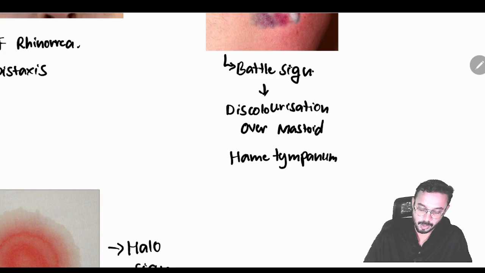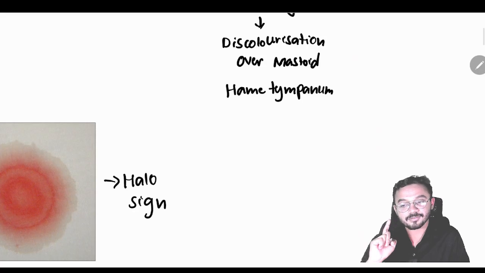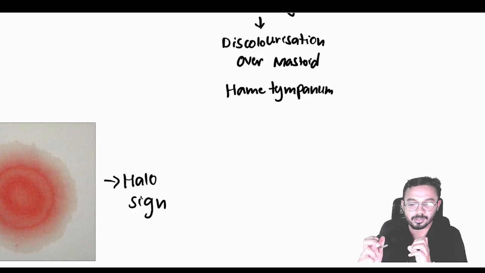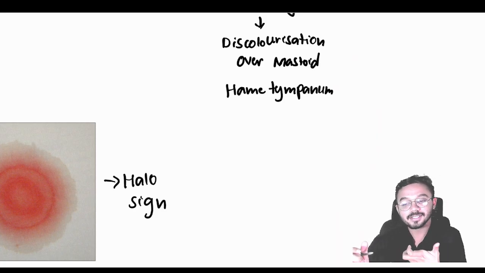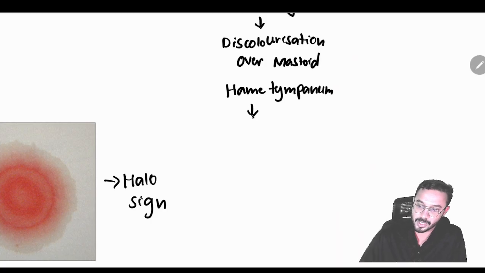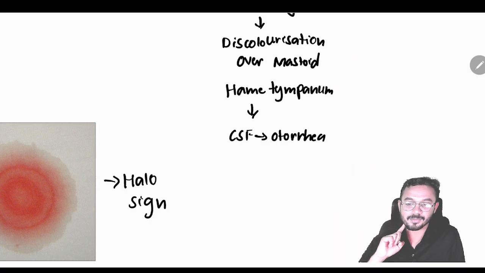Here the CSF will leak from the ear, which is known as CSF otorrhea. Very, very important: rhinorrhea is anterior cranial fossa, and in middle cranial fossa it is CSF otorrhea, CSF leaking from the ear.